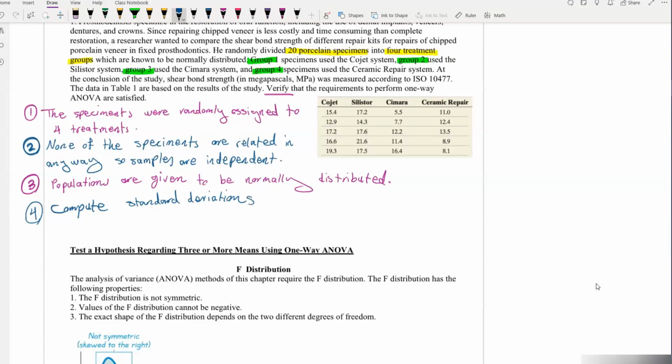For this part, we have to enter all these numbers into the TI-84: L1, L2, L3, L4. You know how to find standard deviations, so I'm not going to work on that part. I'm going to write the answers for each one of these groups.